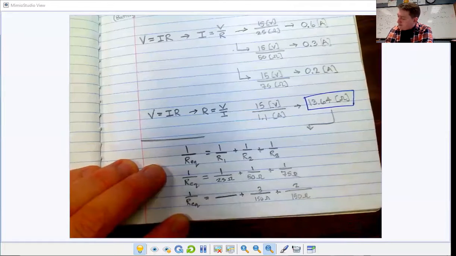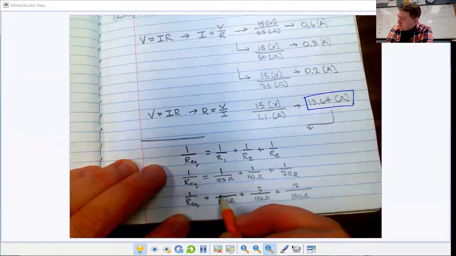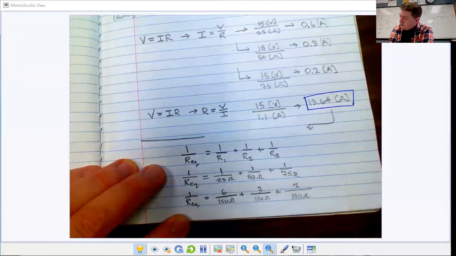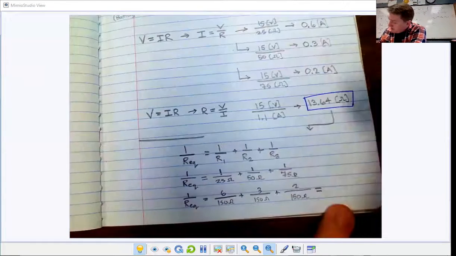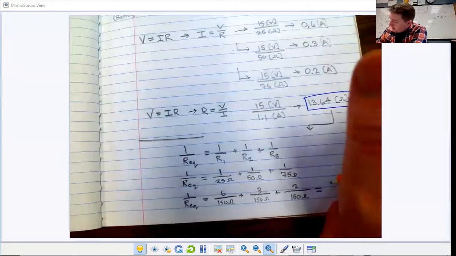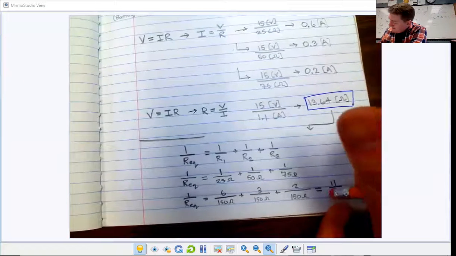And 25 fits into 150 6 times. Now that I have a common denominator, I can add them up. 6, 3, 2, get 11 over 150 ohms.